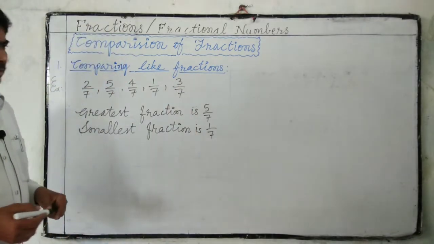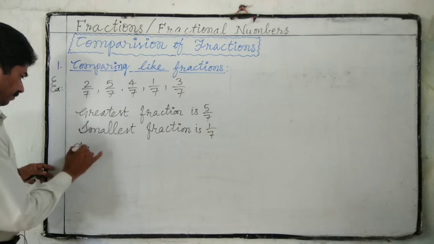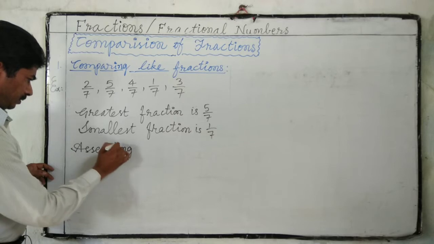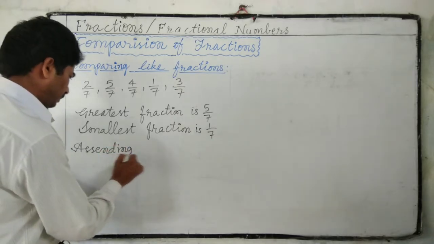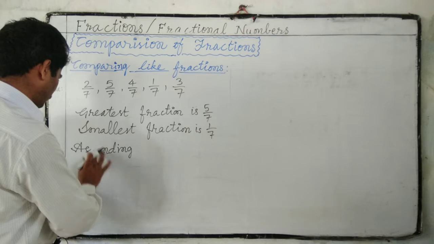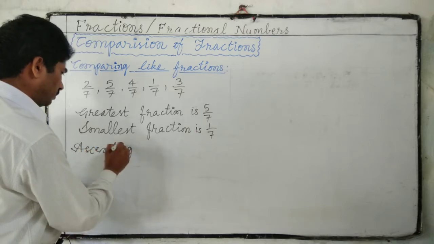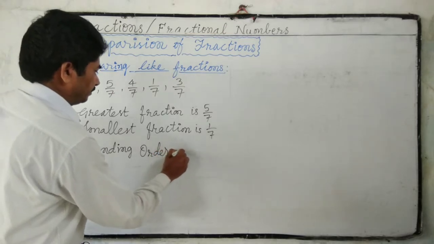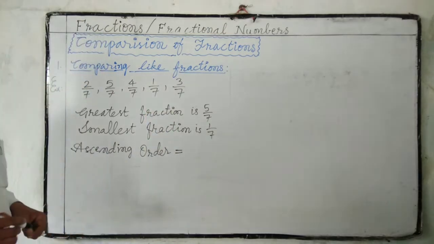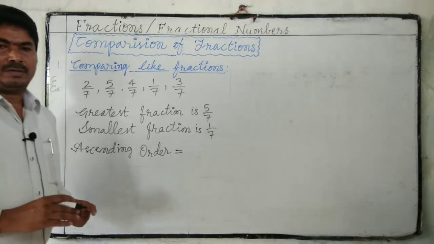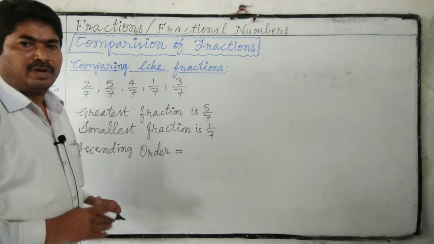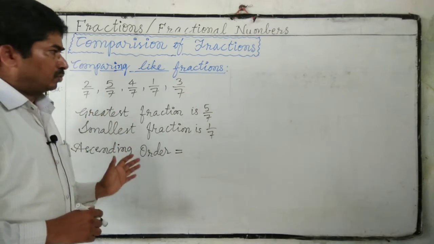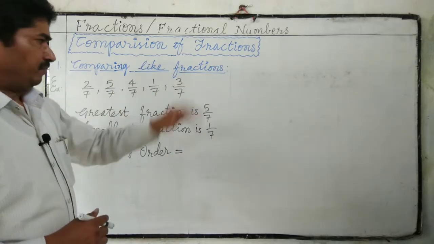Next, how to write ascending order. To arrange the ascending order, we have to write the fractions from the smallest fraction to the highest, biggest fraction.